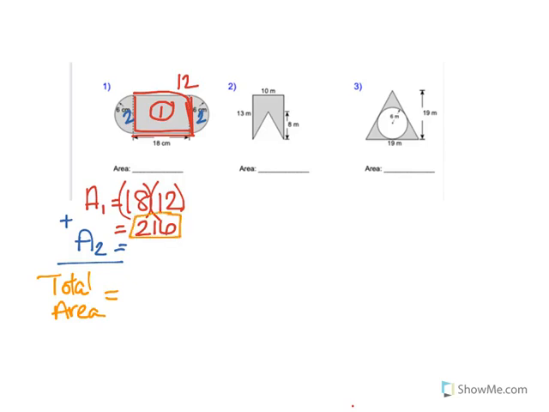And the area of the second shape, now what we could do is either do half of a circle plus half of a circle, but we know that that's a full circle, and the area formula for a circle is pi times your radius squared. Now your radius is the 6 centimeters. So if we take pi and multiply it by 6 squared, it's like 36 times pi.